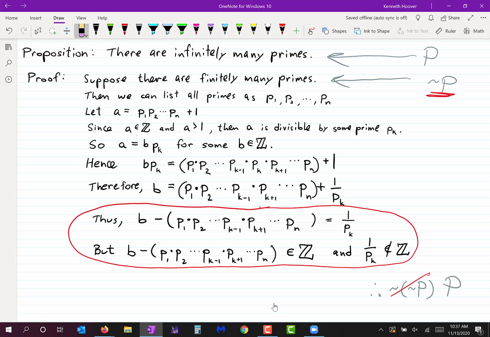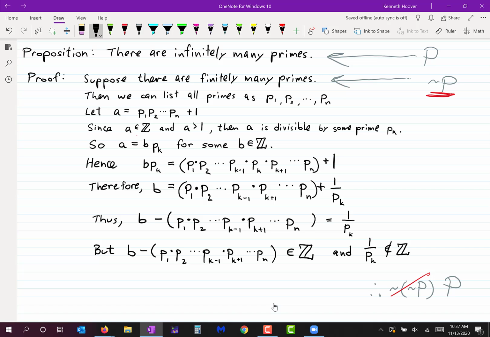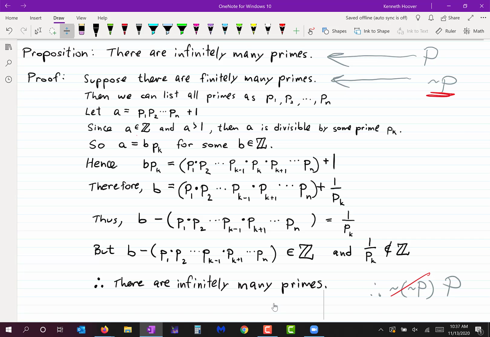Okay, so let me just finish the proof. Therefore, it is not the case that there are finitely many primes. Or in other words, there are infinitely many primes. Okay. Some people even like to put in that line that I said.